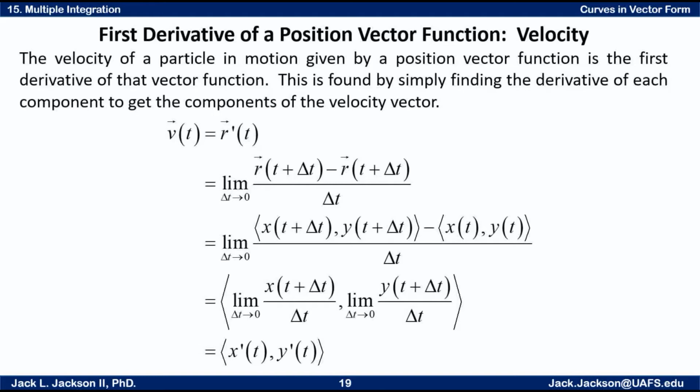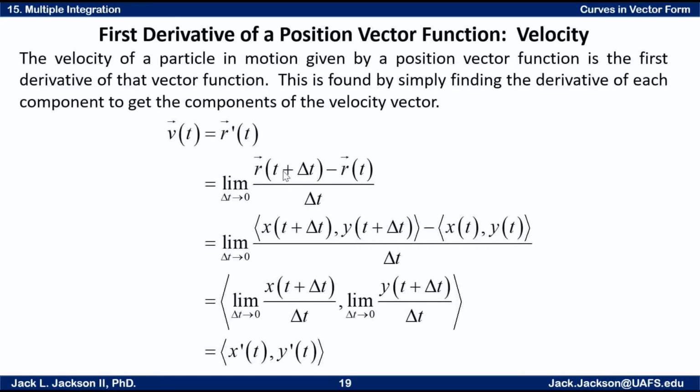So of course, the definition of the derivative would be R of t plus delta t minus R of t, divided by delta t, and then take a limit as delta t approaches 0.